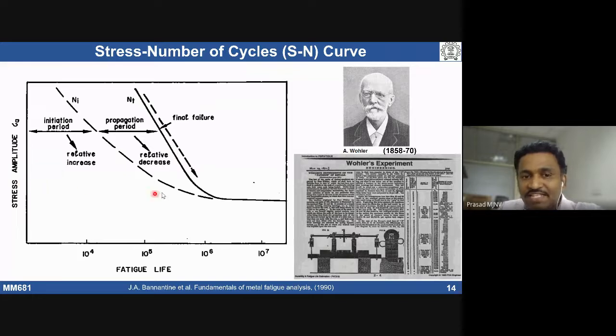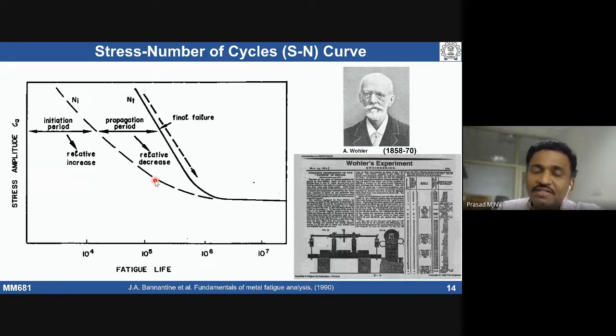But out of the total fatigue life, the number of cycles required for crack initiation becomes larger with decreasing stress amplitude.